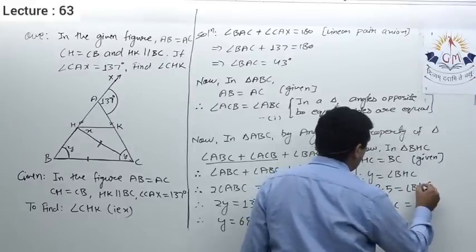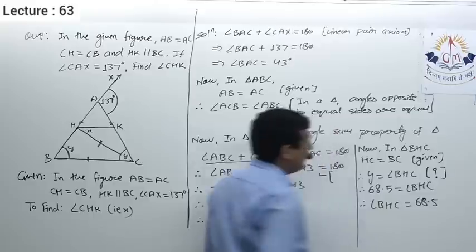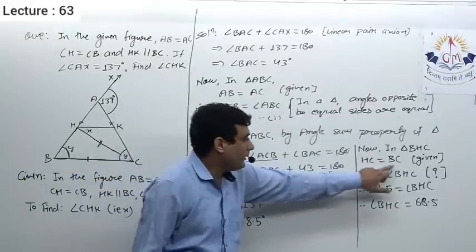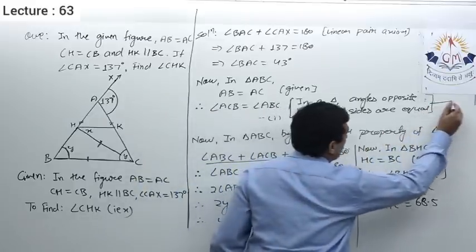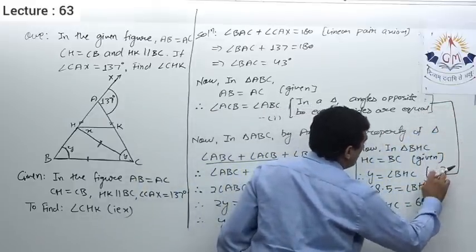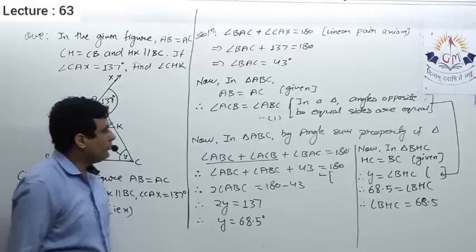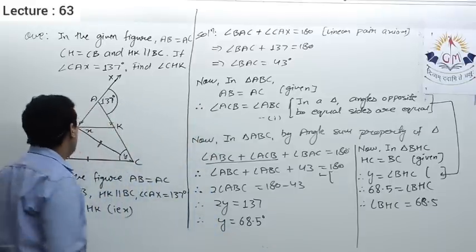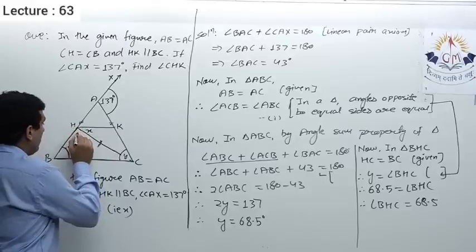Why are these two angles equal? Again I am leaving this for you. See, in a triangle, if two sides are equal, opposite angles are equal. So actually you have to write this complete statement over here. Okay, in a triangle, angles opposite to equal sides are equal. So here I got the measure of angle BHC, that is again 68.5.